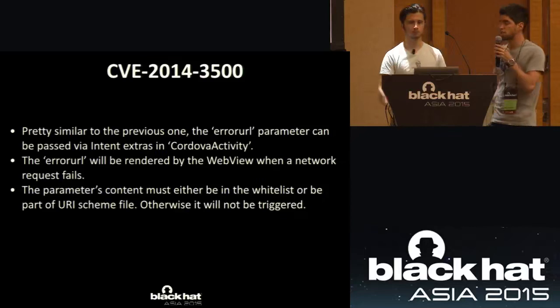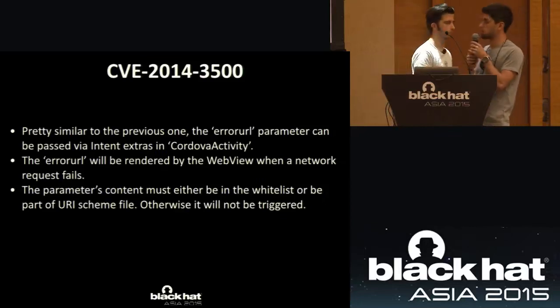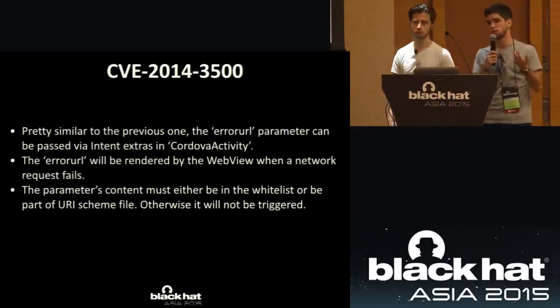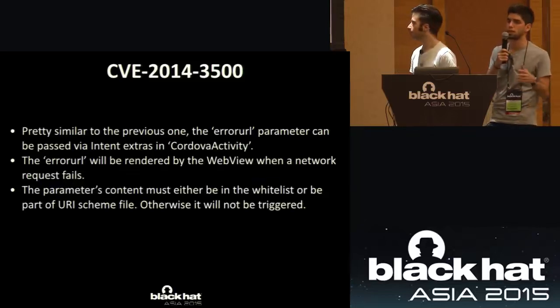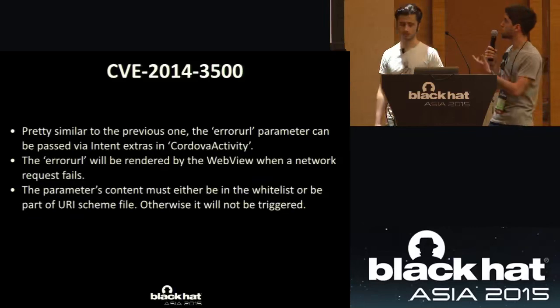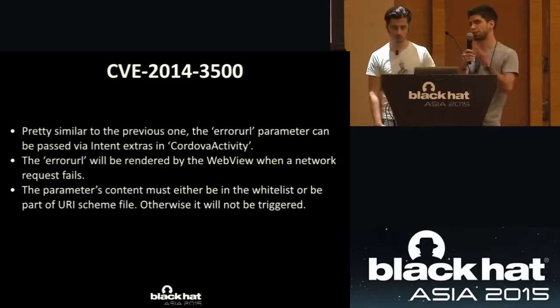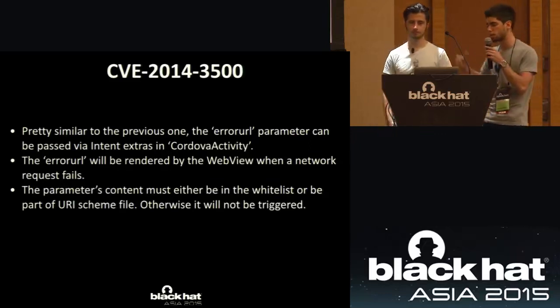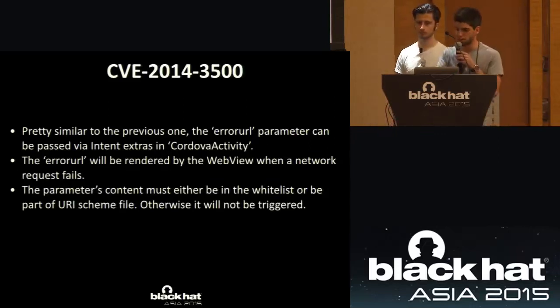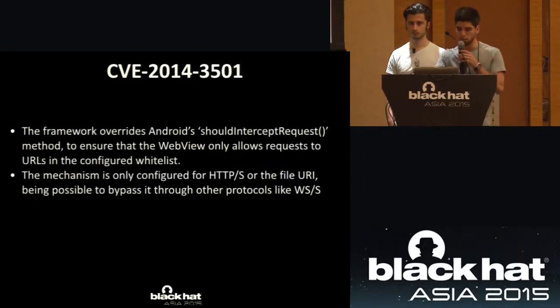The only difference is that this one only works when there is a network request failure, which means that, for example, you are surfing on the internet and suddenly you lose connectivity. So this parameter will be triggered, and so there is a chance for an attacker to exploit the user through this component. Basically, it's the same. It doesn't deserve to be mentioned in more detail.